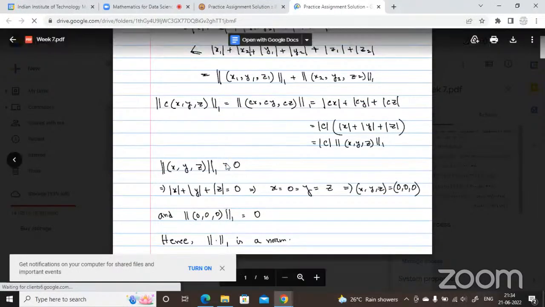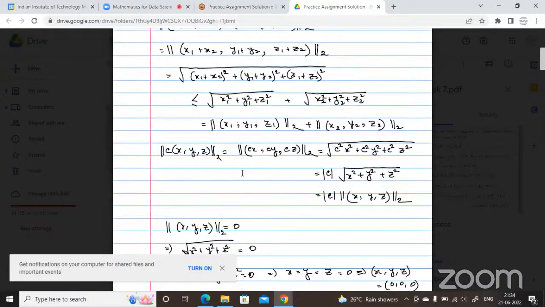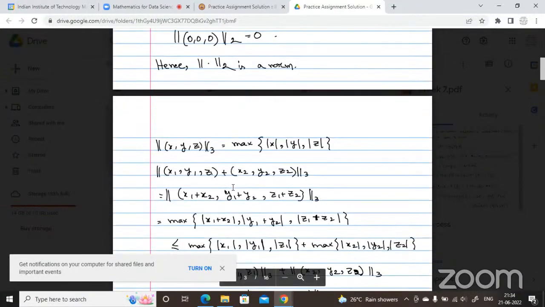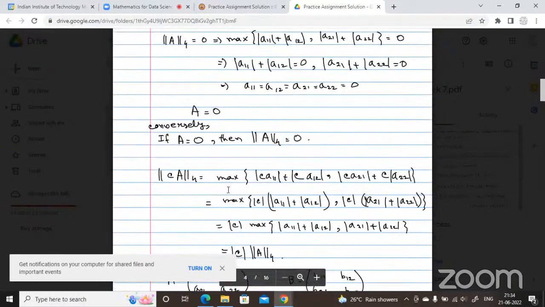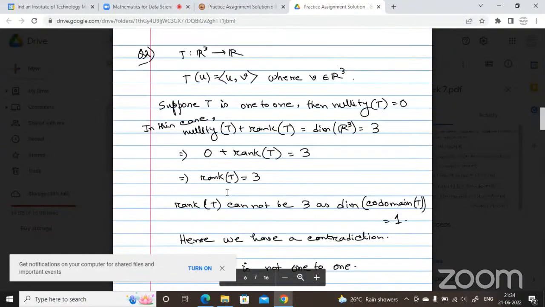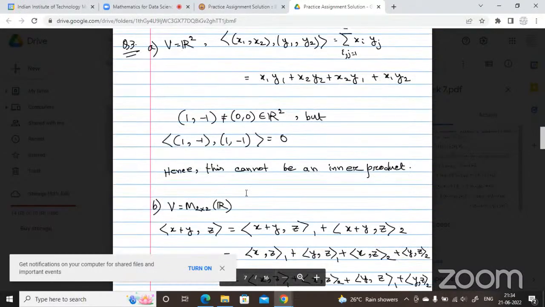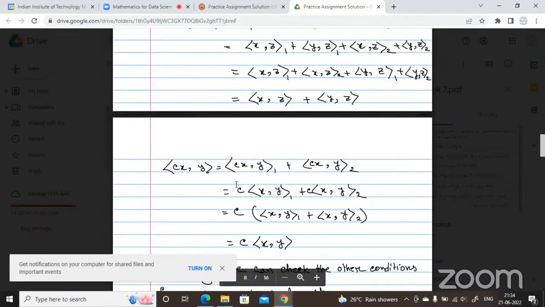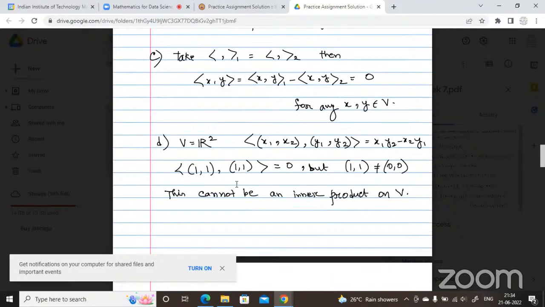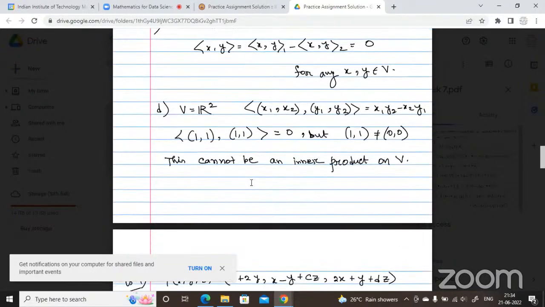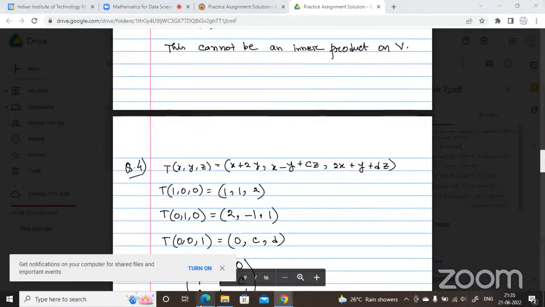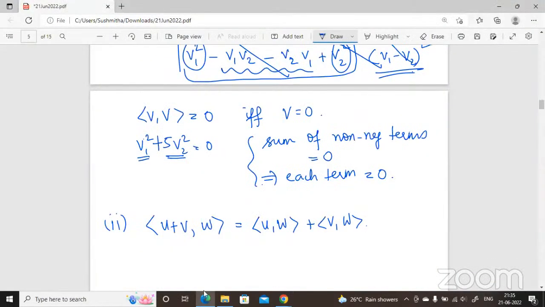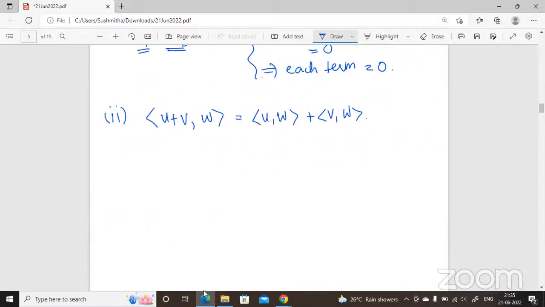Everything is there. This problem, you can check whether it is an inner product or not, how you check and all that. You just have to substitute each vector and check. Or maybe we'll do this. You do the other two conditions, okay?